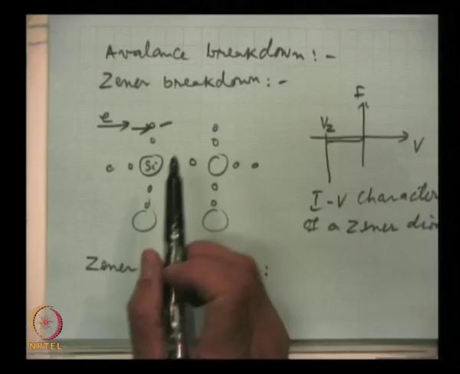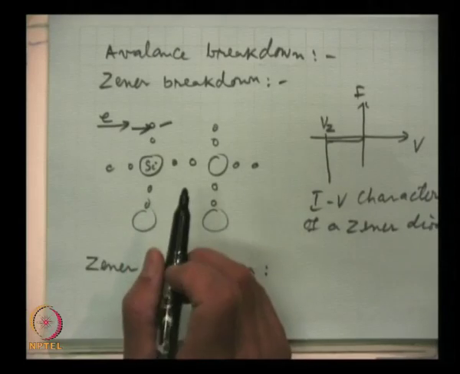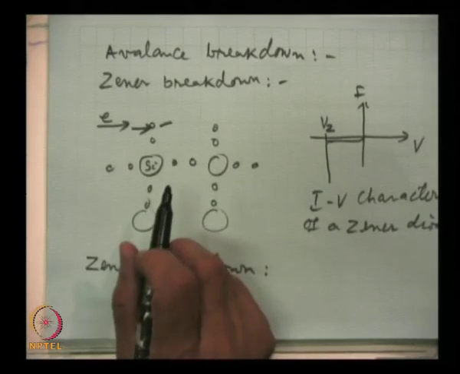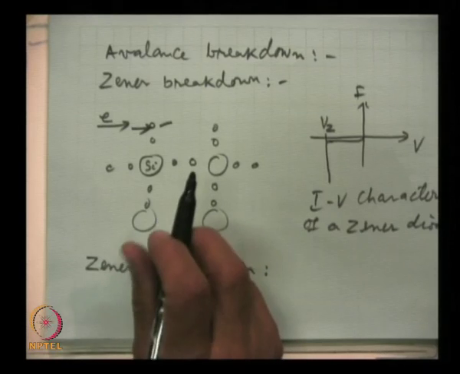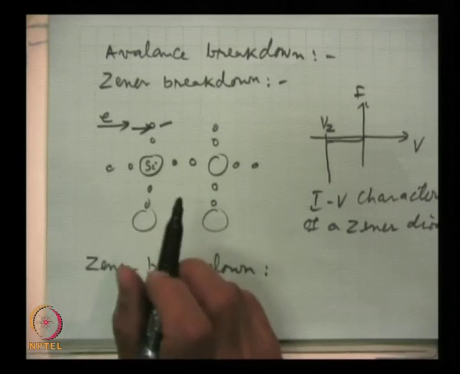So, Zener breakdown occurs in diodes which have a high level of doping on the p side and n side, while avalanche breakdown occurs when the two sides of the diode are not too heavily doped.